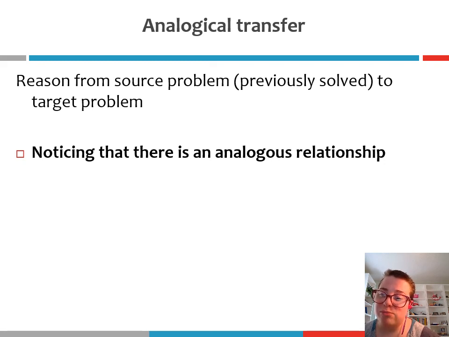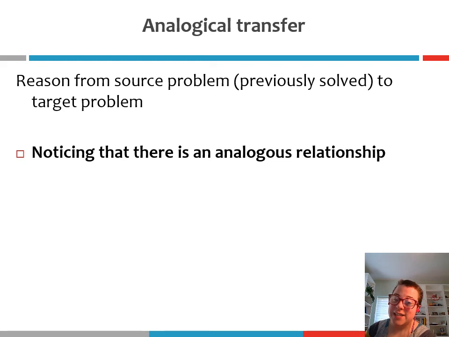So the source problem is the fortress problem, and the new target problem is the radiation problem. So what are the specific processes that you have to go through in order to transfer the solution to the fortress problem to the radiation problem?